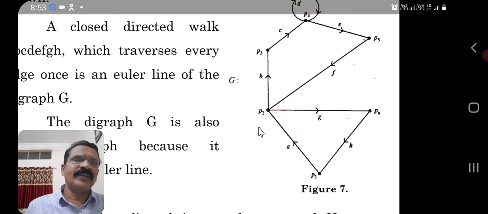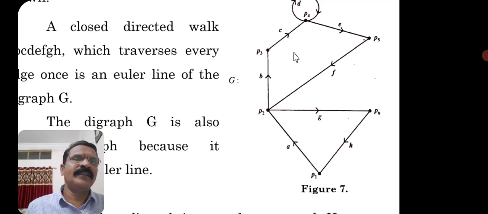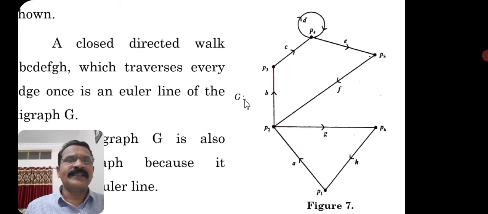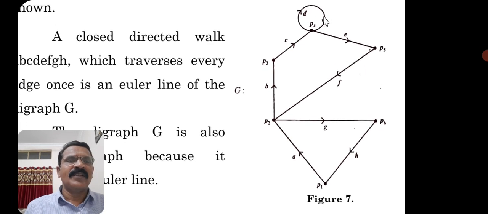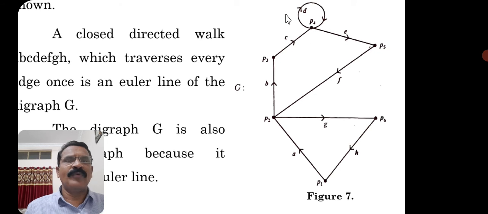A is given, B is given, C. Where is D? Yes, let me see this one. There is a loop. I didn't see this properly. So this edge A, B, C, this loop D. Next E, F, G, H, like this.